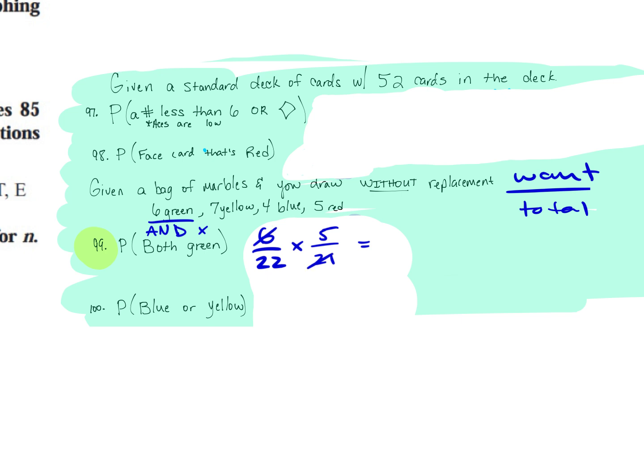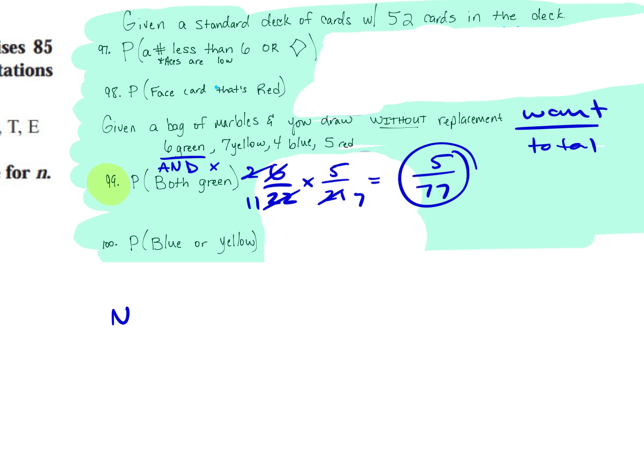I'll simplify here. 3 goes into both of these, and 2 goes into 22 11 times. So this would be 5 over 77. So remember, and means that we multiply, or means that we add.